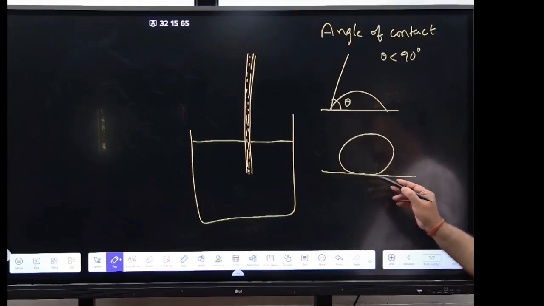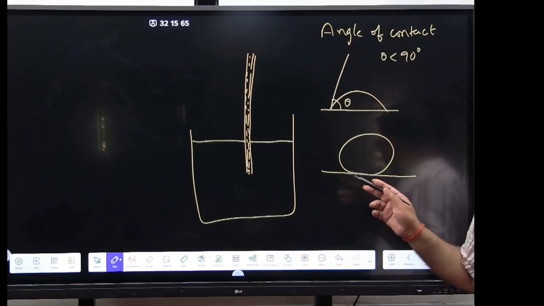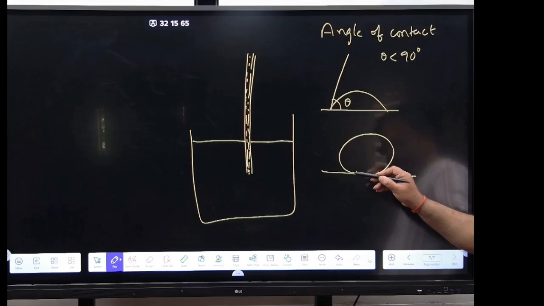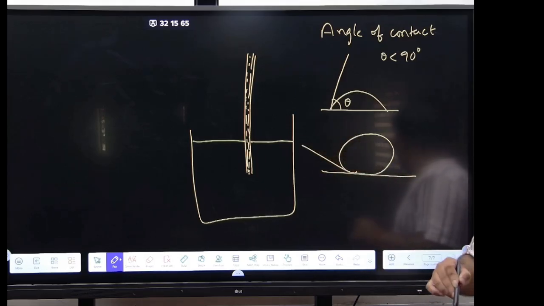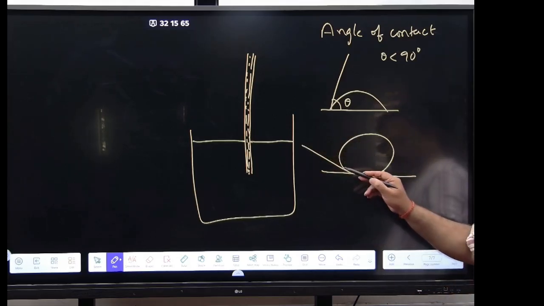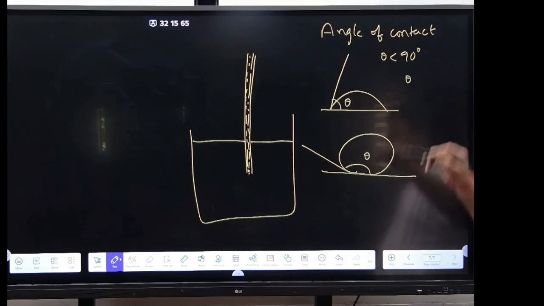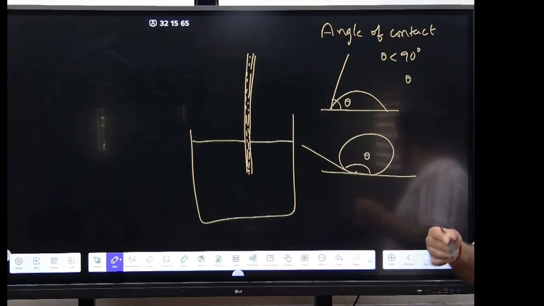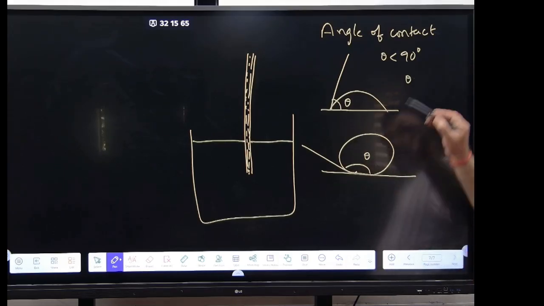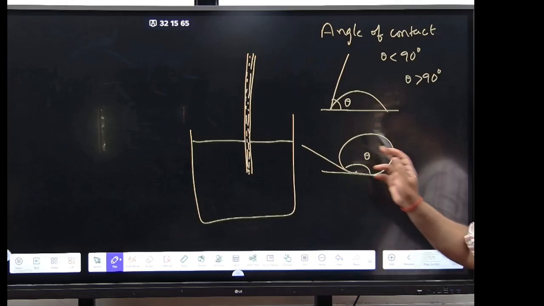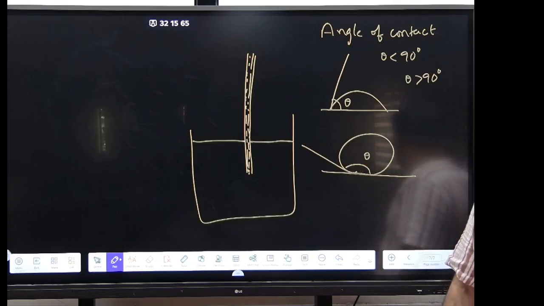Where is the point of contact of solid and the liquid? It is here. Now what is this angle? This angle is theta, but this theta is greater than 90 degree and of course less than 180 degree. So this type of liquid does not wet the surface.